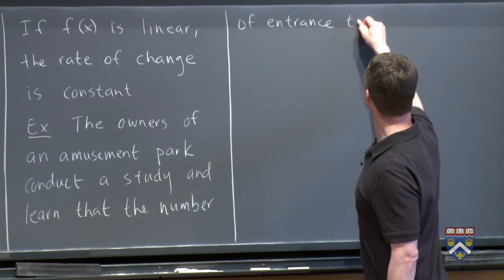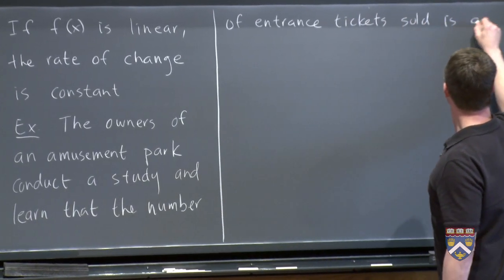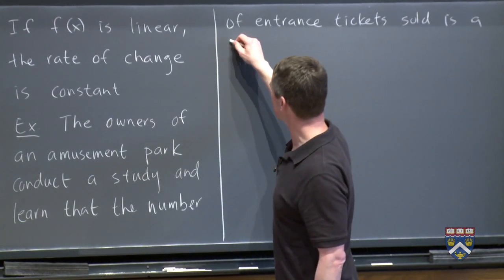The number of entrance tickets sold is a linear function. So what do you think it's a linear function of?